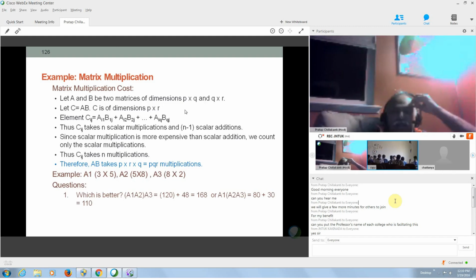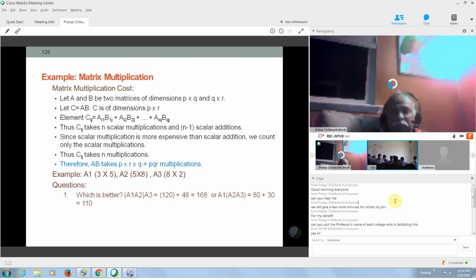When I multiply them, the resulting matrix would have what? The columns P times R, right? So the total number of multiplications, when we are multiplying P by Q and Q by R matrices, would be PQR multiplications. So you get AB equal to PQR, that many multiplications there.